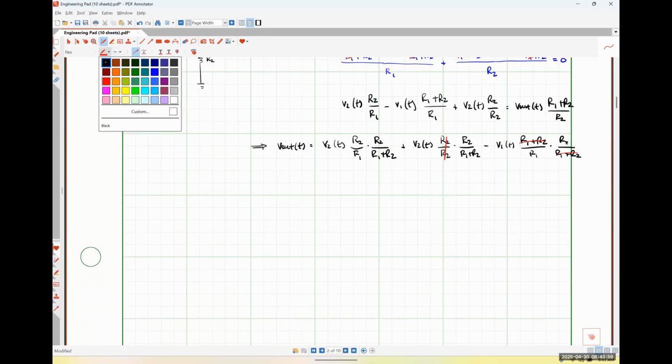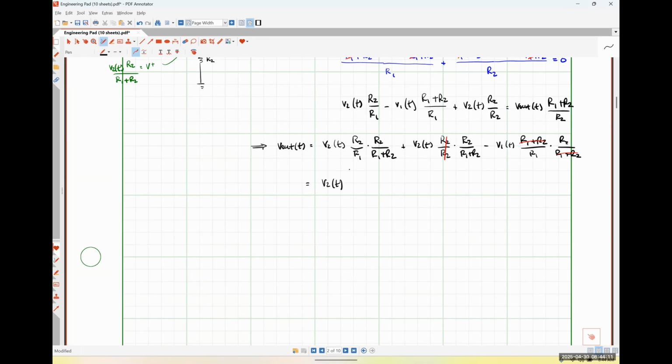So let's keep on manipulating this a little bit. So I've got V2 times R2 over R1 plus R2.